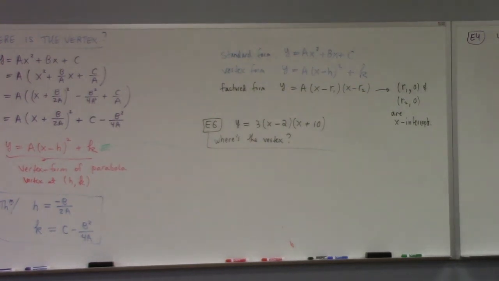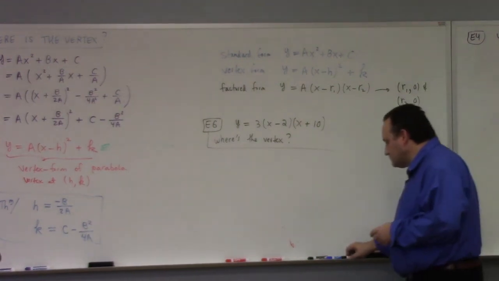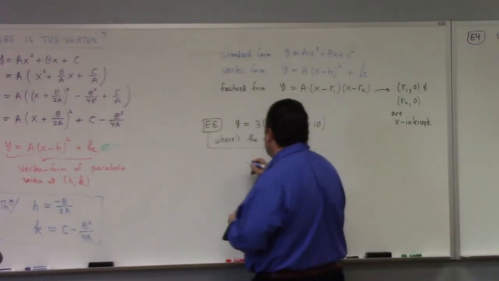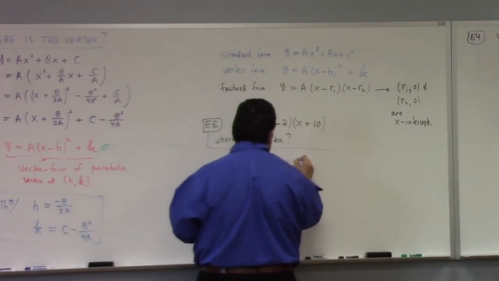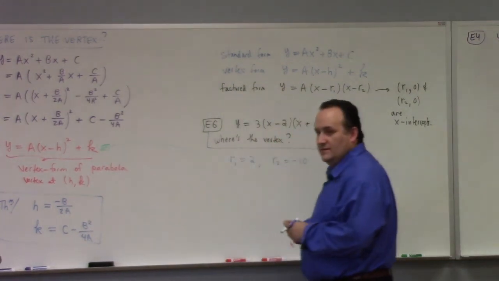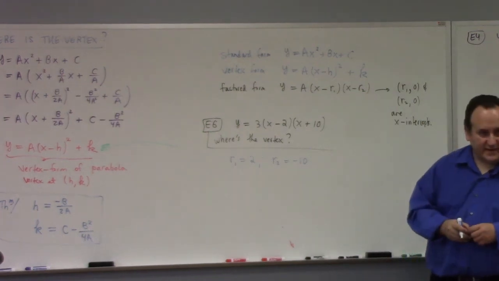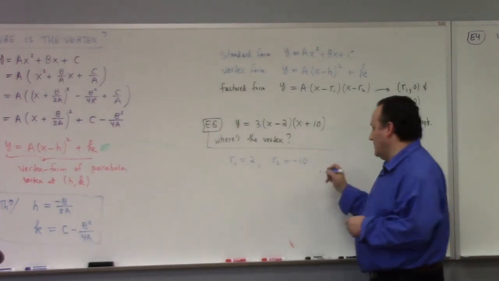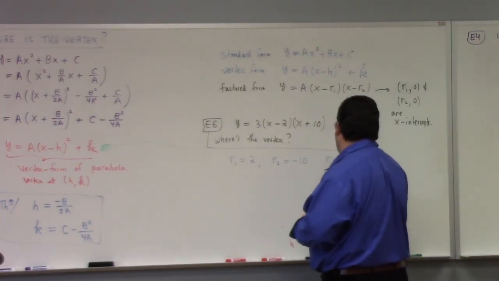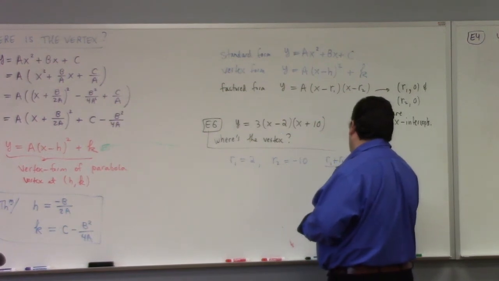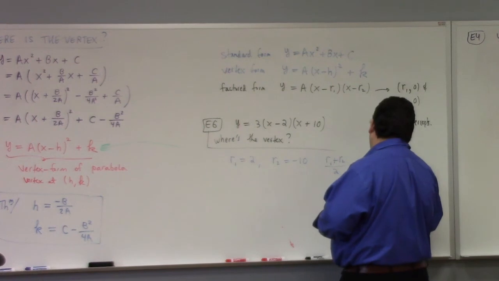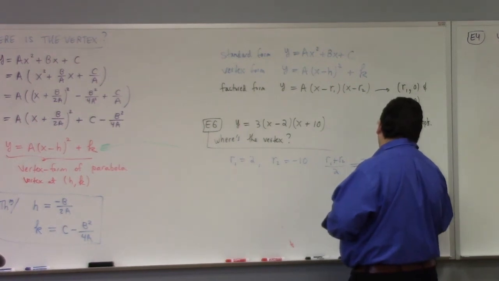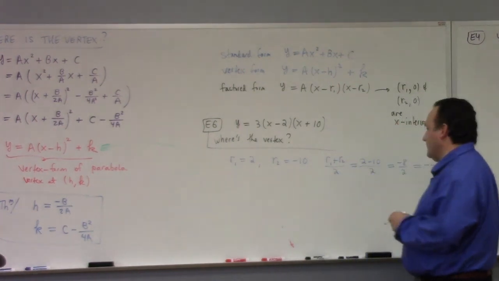Here's how I do it. I would say r1 equals 2, r2 equals minus 10, right? It has roots at 2 and minus 10. So (r1 plus r2) over 2 is (2 minus 10) over 2, which is minus 8 over 2, which is minus 4.